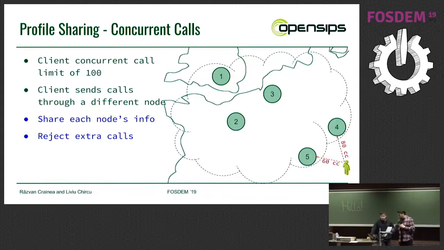So again, in this case, you have to replicate the number of concurrent calls that are happening on each node, so that when node 5 gets the extra calls, it must reject the new calls so that you can enforce the limit of 100.